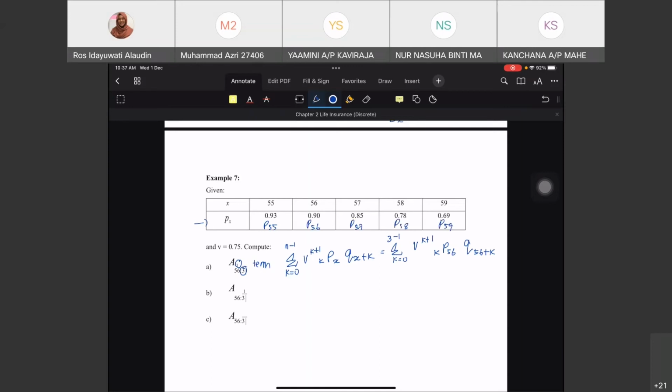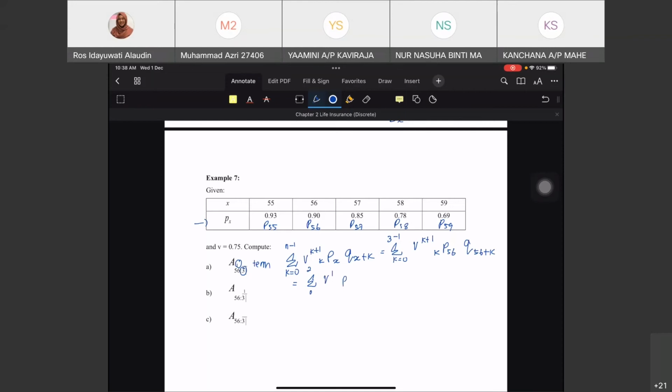For the first one, the summation is from 0 to 2, so we have the terms for 0, 1, and also 2. Substituting 0 for k in v^(k+1), it becomes v^1. That's why we start from k plus 1; if we started from v^k, it would become v^0.